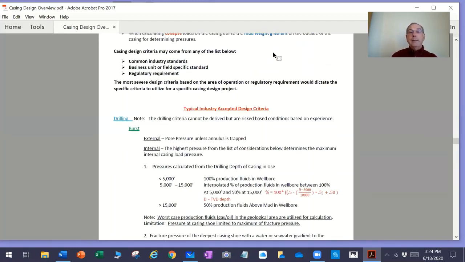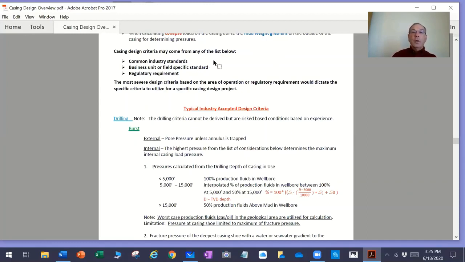Now, casing design criteria may come from any of this list that I put together here. It could be common industry standards that we utilize. We may also have a business unit or field specific standards, or depending on where you are operating in the world, you might have a specific standard that's greater than the industry standard, and you're going to use the most severe of whatever the standard is.